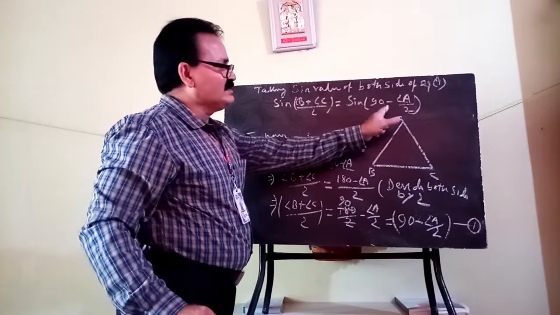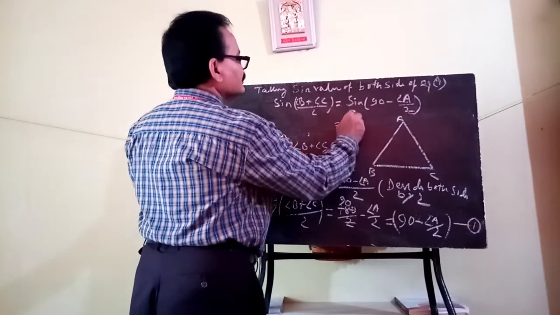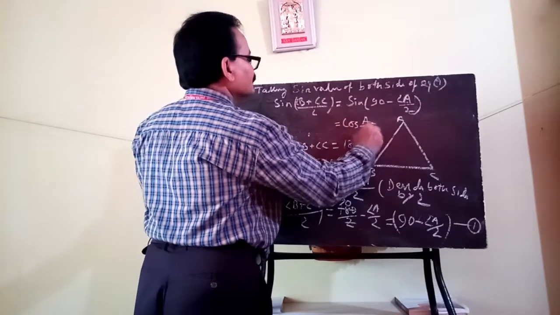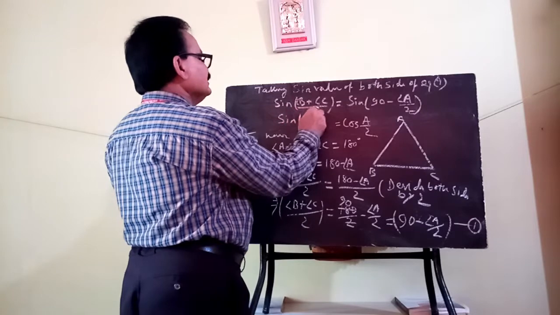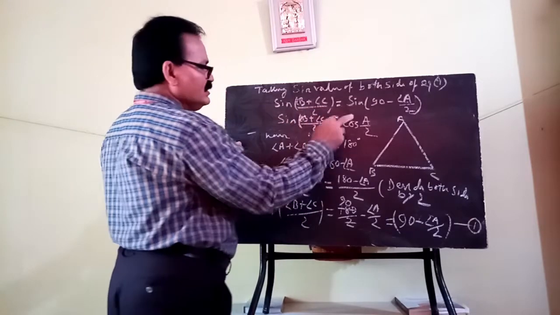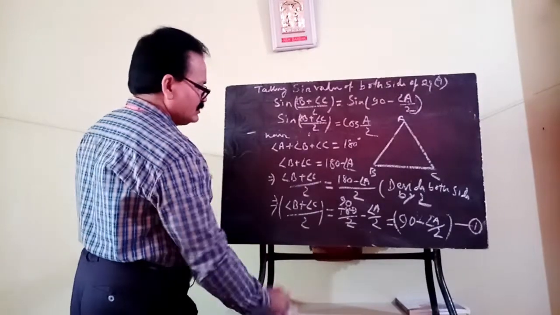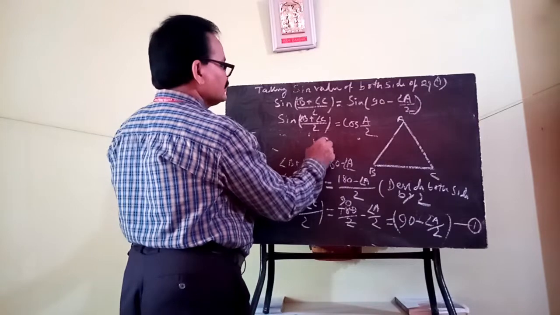Sin of 90 minus theta is cos theta, so that will be cos A by 2. So sin (B plus C) by 2 equals cos A by 2. So hence it is proved.